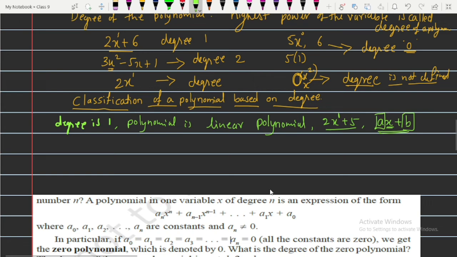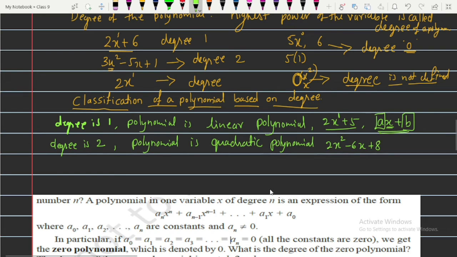Next, if the degree is 2, the polynomial is called a quadratic polynomial. Example: 2x square minus 6x plus 8.